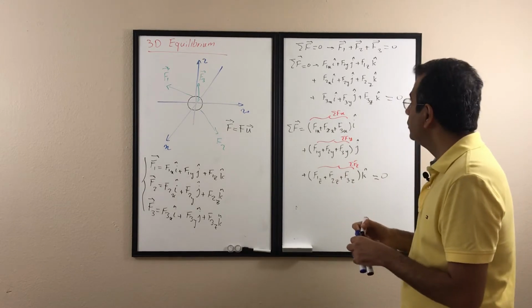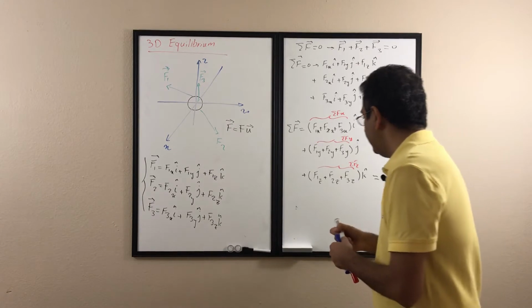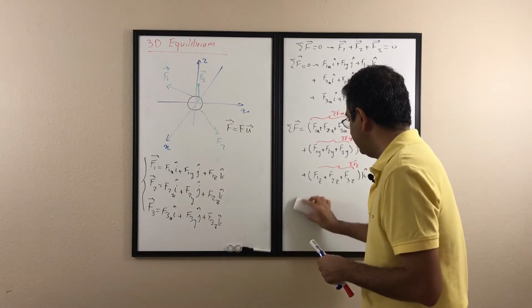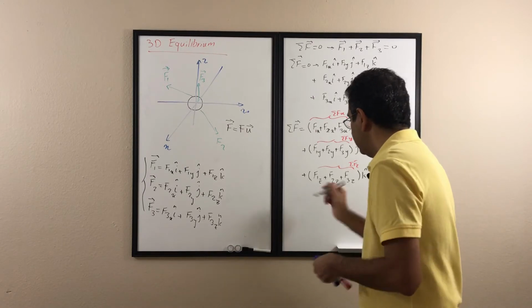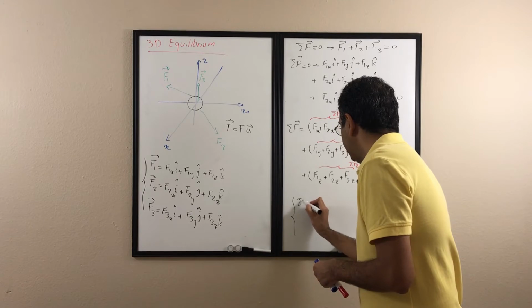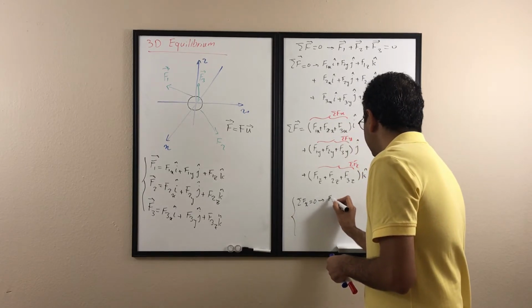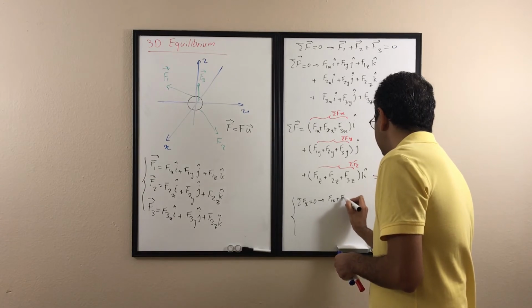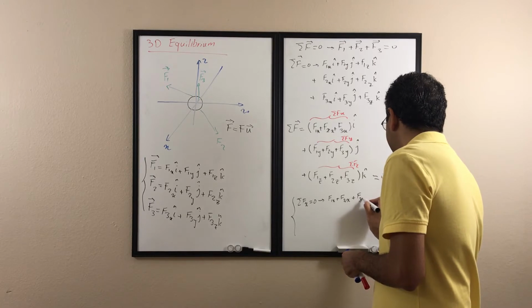So all I need to do to solve this is write the three components of them. Sigma Fx is 0: F1x plus F2x plus F3x is 0.